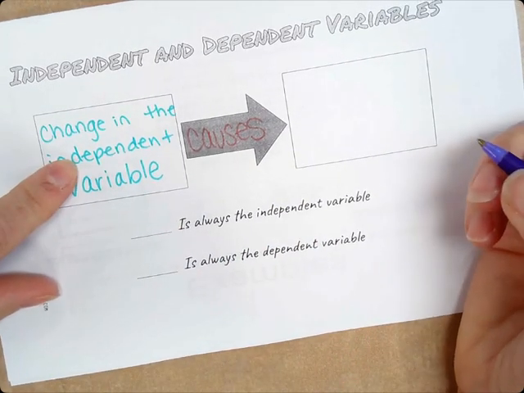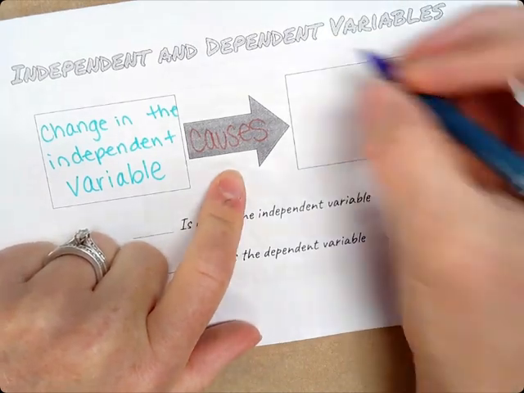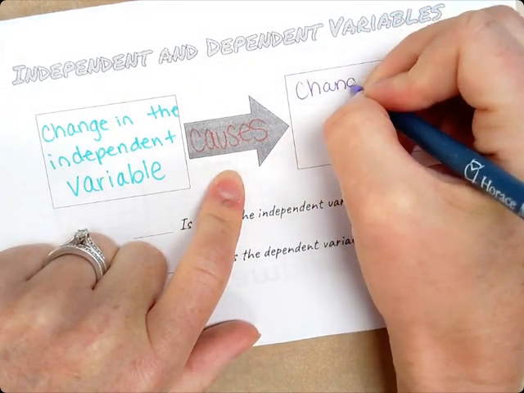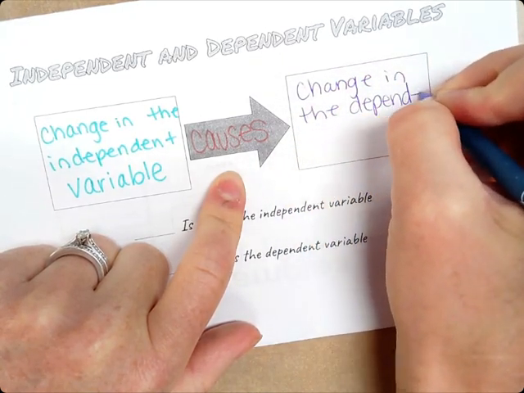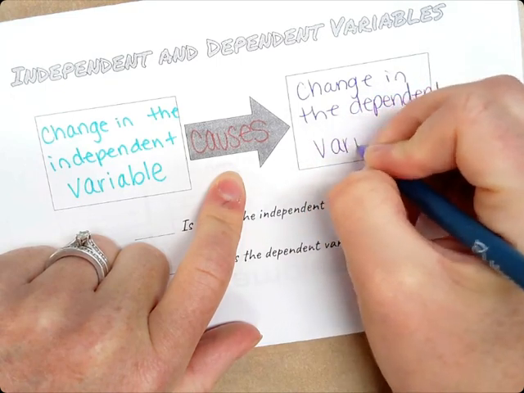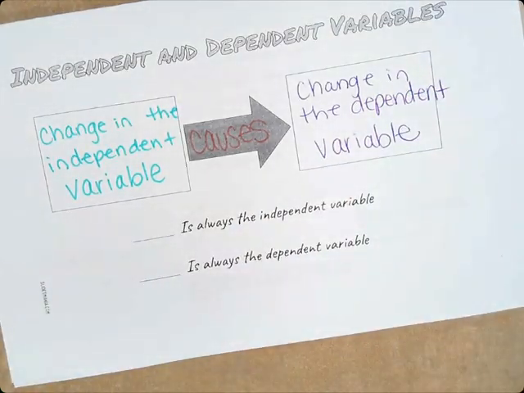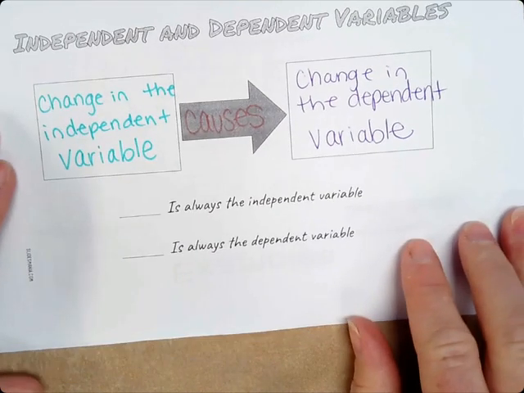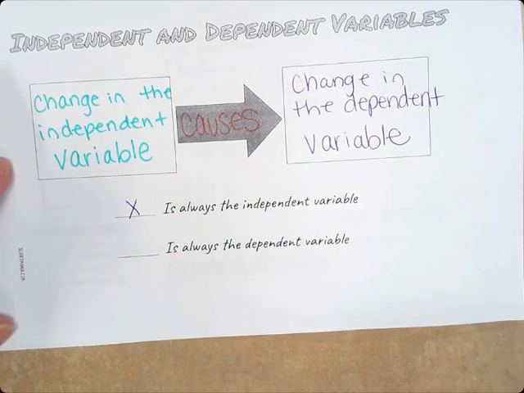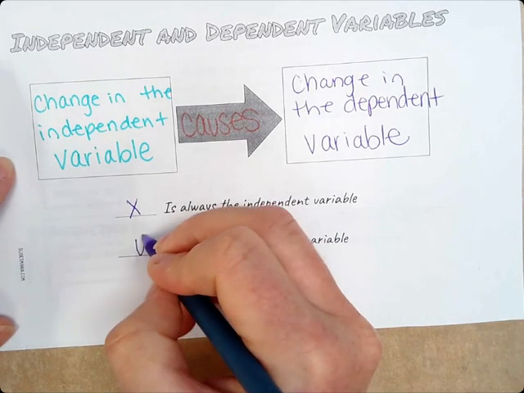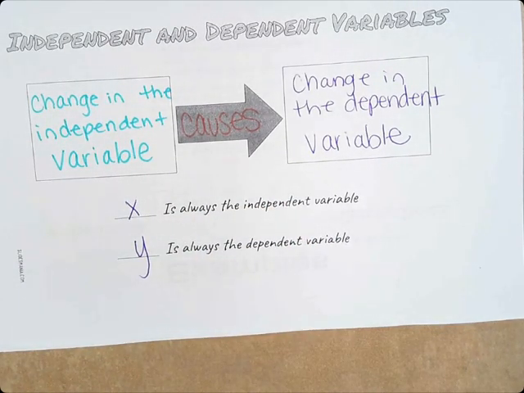If you change your independent, that's going to cause your dependent to change. X is always the independent variable. And Y is always the dependent.